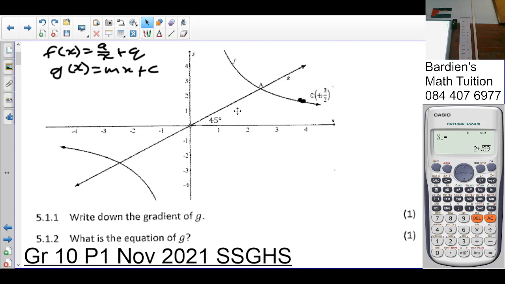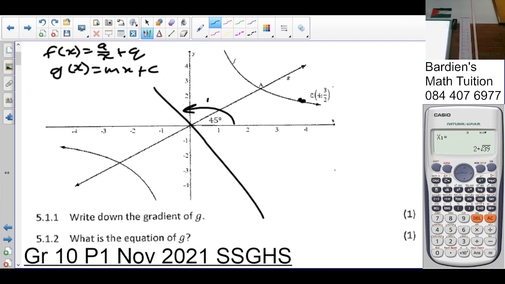If the angle is 135 degrees, the line goes the other way, and the gradient will be minus 1. The rise and the run are 1 over 1, which is 1, and the other direction is minus 1. So what's the gradient of g of x? The gradient is 1.